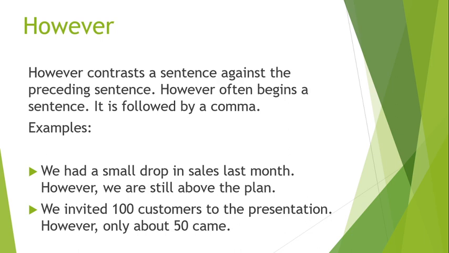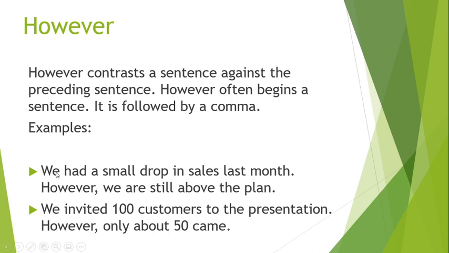Okay? If you see, you have two clauses. You have the first one that is a completely different sentence, so it could be just a sentence, and we have this one that is another one. And you join these two sentences by this word, however. And you always have to put a comma after however.